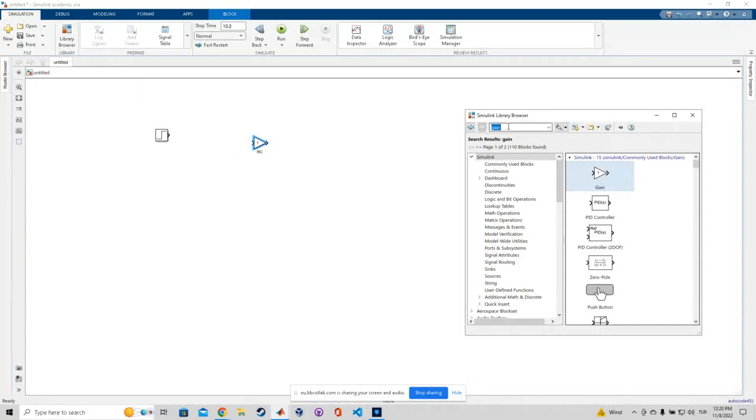So we need a divide function to transfer our input function with the feedback.